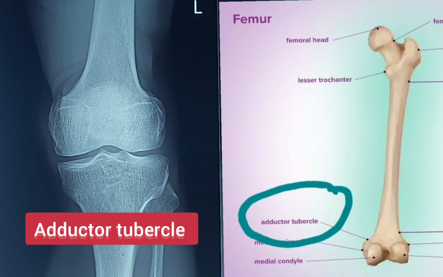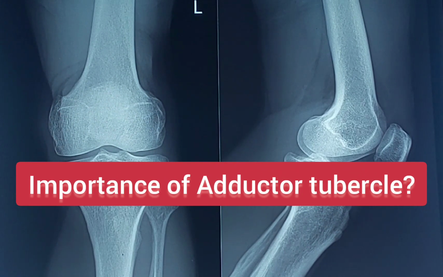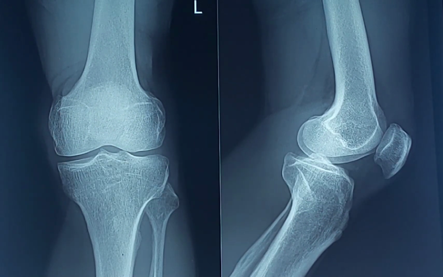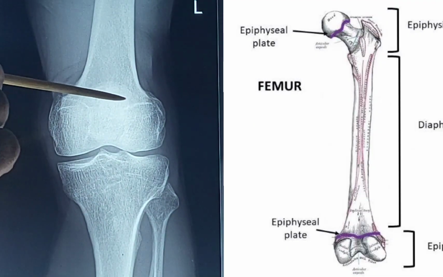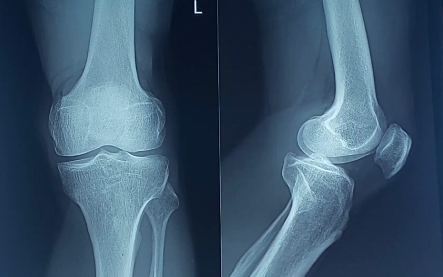And what is the importance of this adductor tubercle? Number one, the epiphyseal line of the lower end of femur passes through the adductor tubercle. Number two, it is an important landmark for surface anatomy.